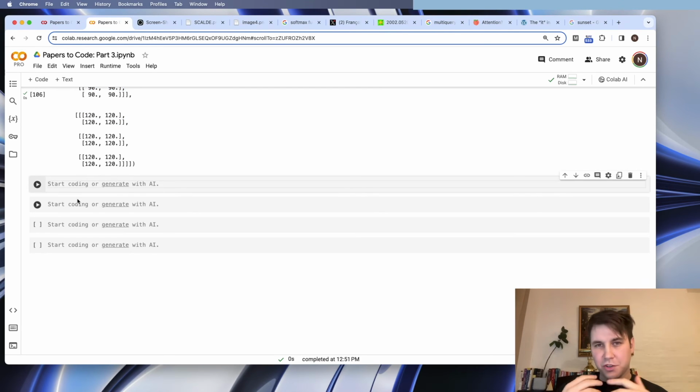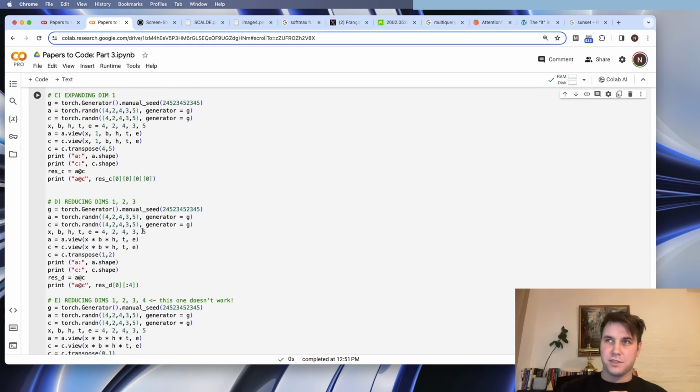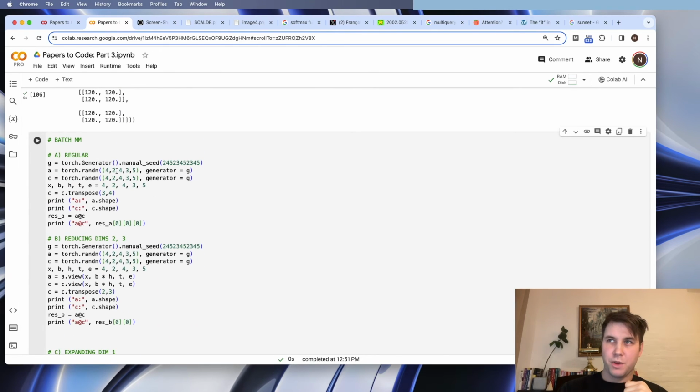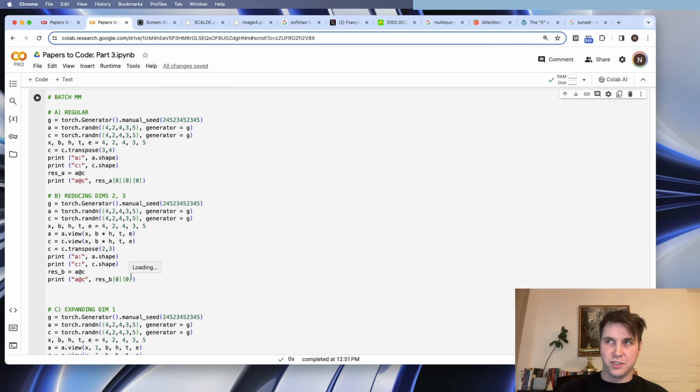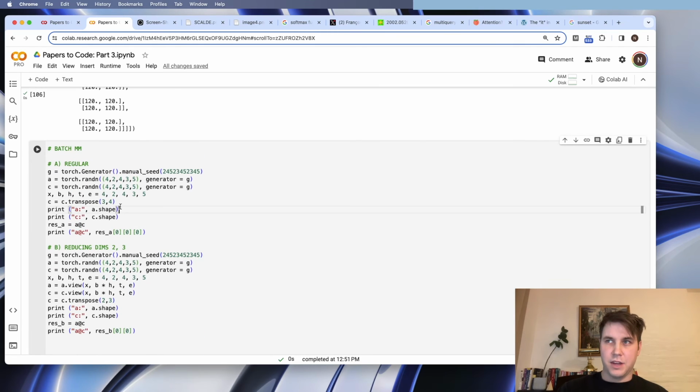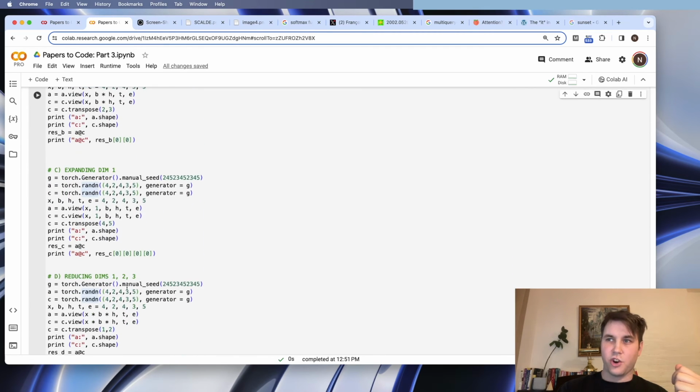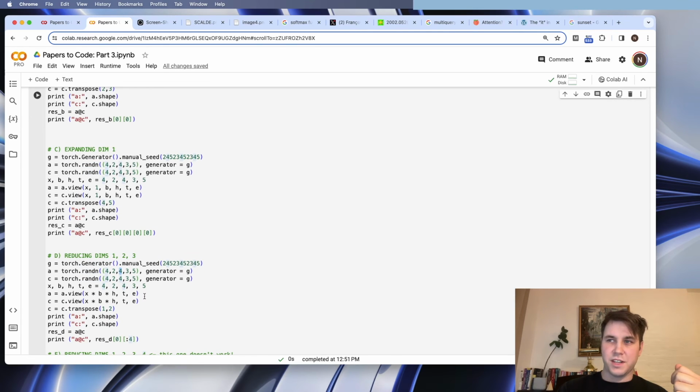Lastly, because we do so much of this kind of reshaping and shuffling of data inside of multi-head attention, I've gone completely overkill and given you some examples where we have this initial data, and I'm going to keep reducing the dimensions or expanding the dimensions or reshaping it. And you can see, so I have A and C as my matrices, and they always start out this way, and I always end up reshaping them in some new weird way.